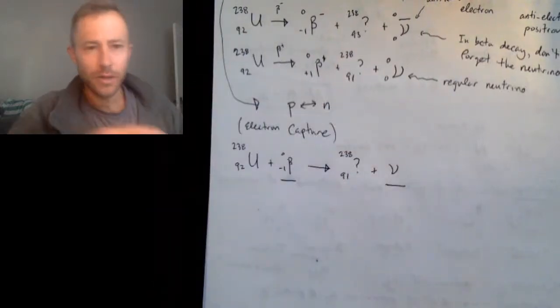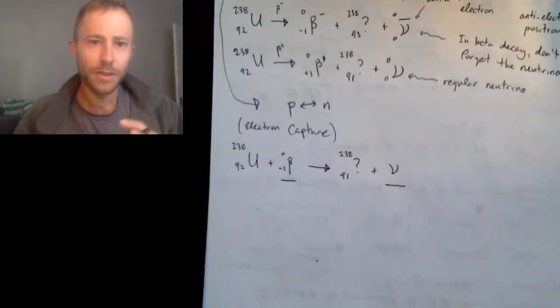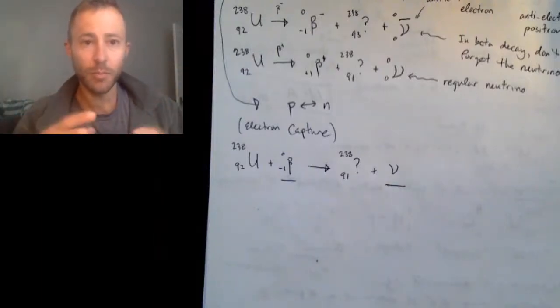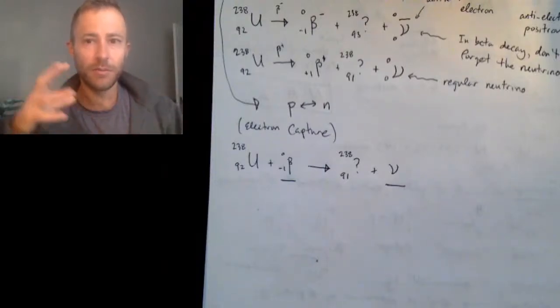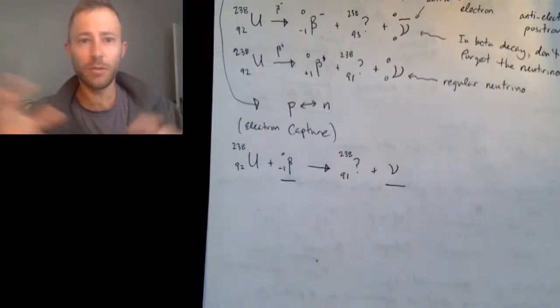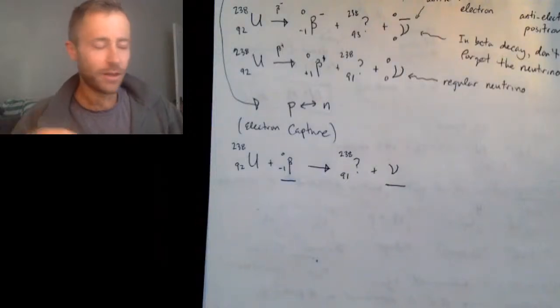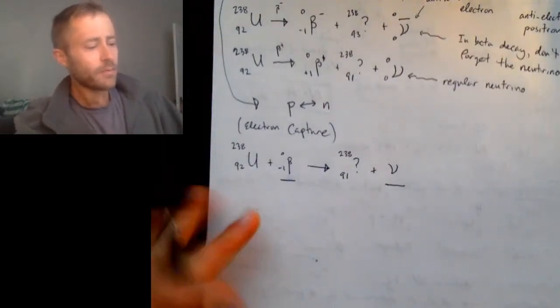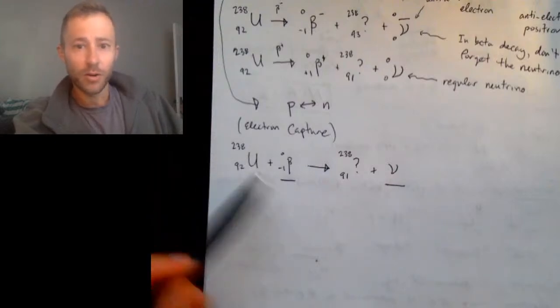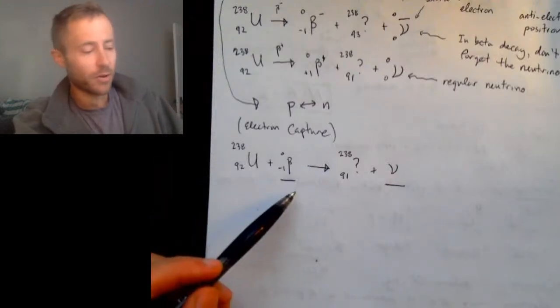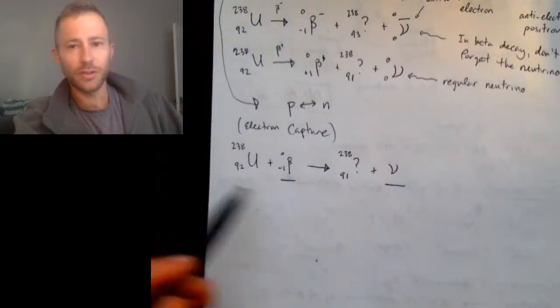So anytime electrons are emitted or absorbed, or positrons are emitted or absorbed, you have neutrinos sort of coming along for the ride. And the rule is that the number of particles minus the number of antiparticles has to be the same on both sides of the equation.